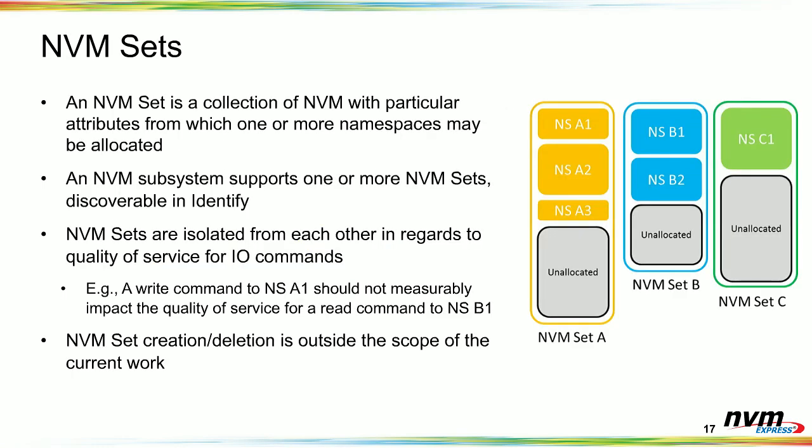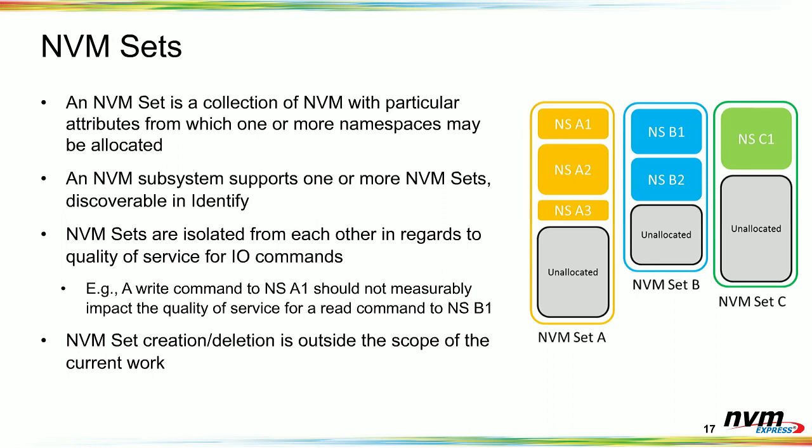So what are NVM sets? An NVM set is a carved out collection of non-volatile media with particular attributes from which one or more namespaces can be allocated. An NVM subsystem supports one or more NVM sets, and you can discover those sets in the identify controller command.